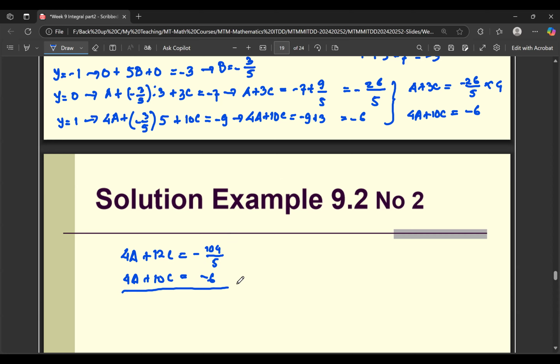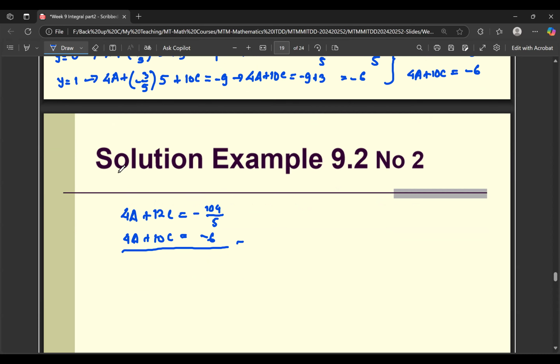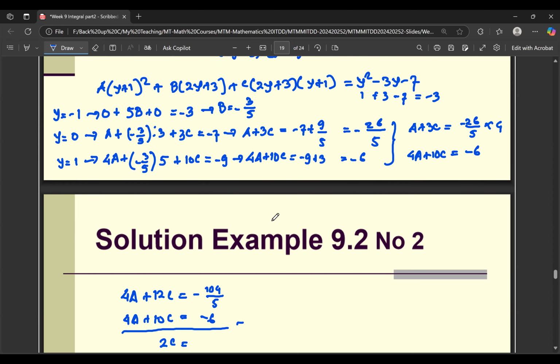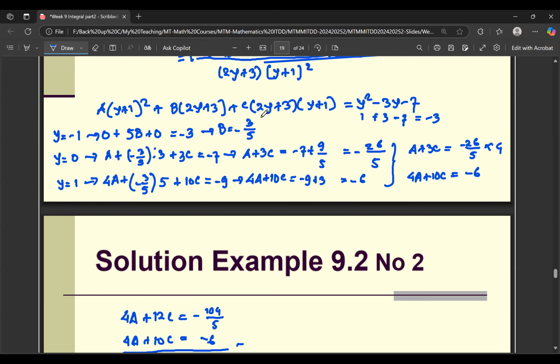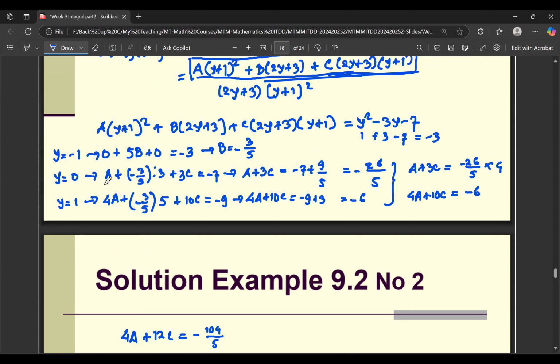And we subtract them, we have 2C is equal to, I don't, yeah. B is minus 1, 0, 0, minus 1.